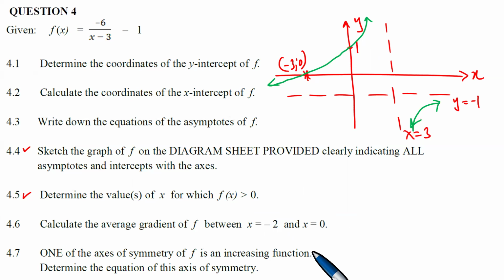Determine the values of x for which the function is positive, bigger than 0. What's the answer, Tando? X has to be 1 and above. Okay.